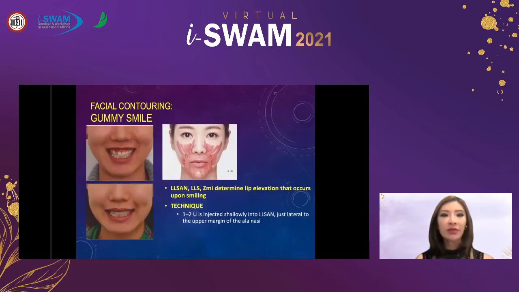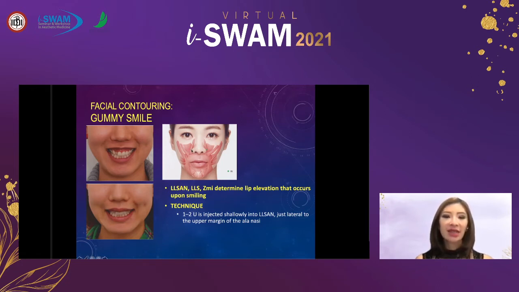And Gummy Smile, I heard that there is a question about Gummy Smile. And yes, Dr. Tompi was right that if we give injection for the Gummy Smile, the patient can feel a weird sensation. However, if they have experienced the injection and would love to have another injection, what you can give to the patient is 2 units on the levator labii superioris alaeque nasi.